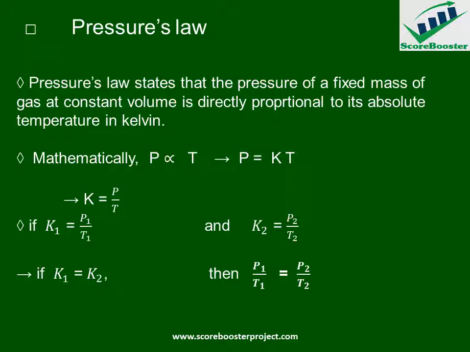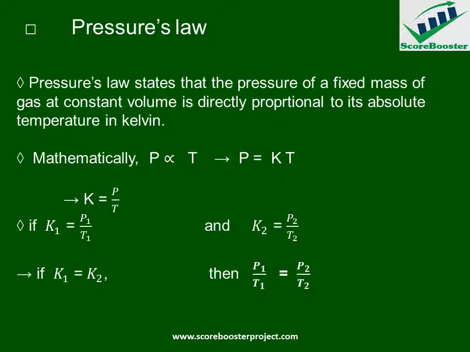Now, when we have more than one pressure and one temperature, then the constants for the initial pressure and temperature will be expressed as K1 equals P1 over T1. And also for the second parameters, we have similarly K2 equals P2 over T2.